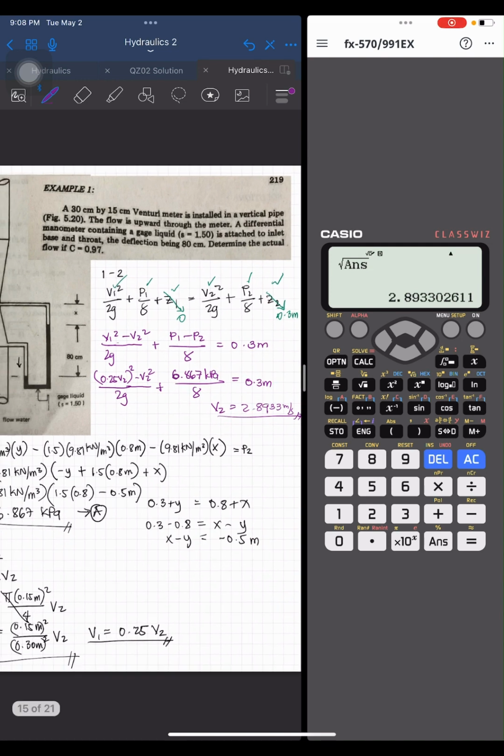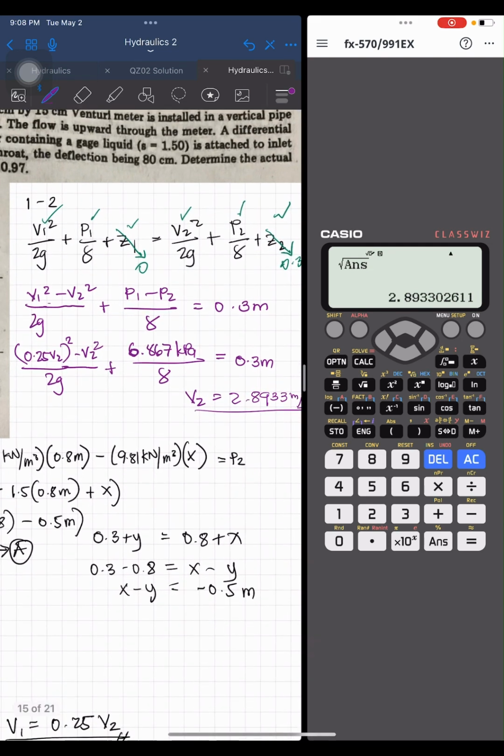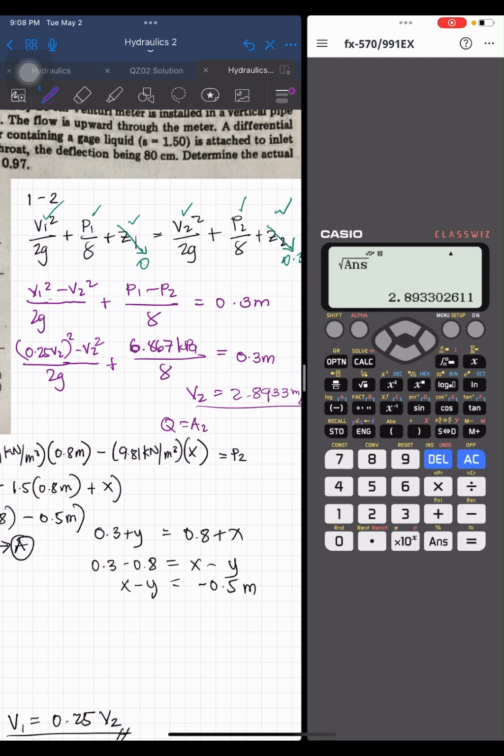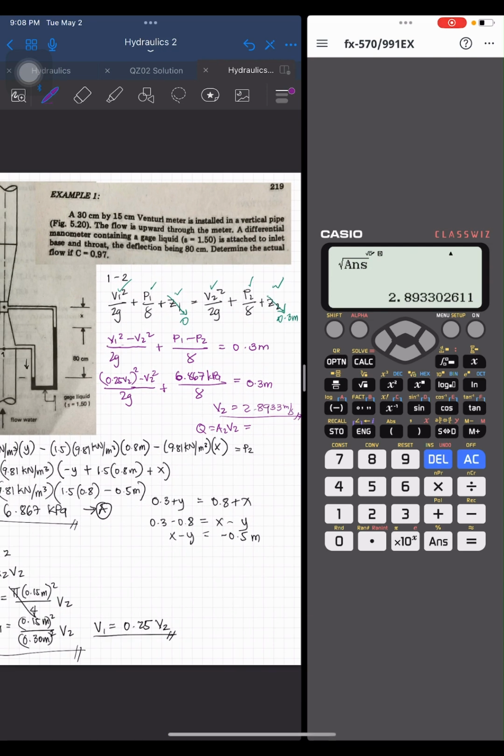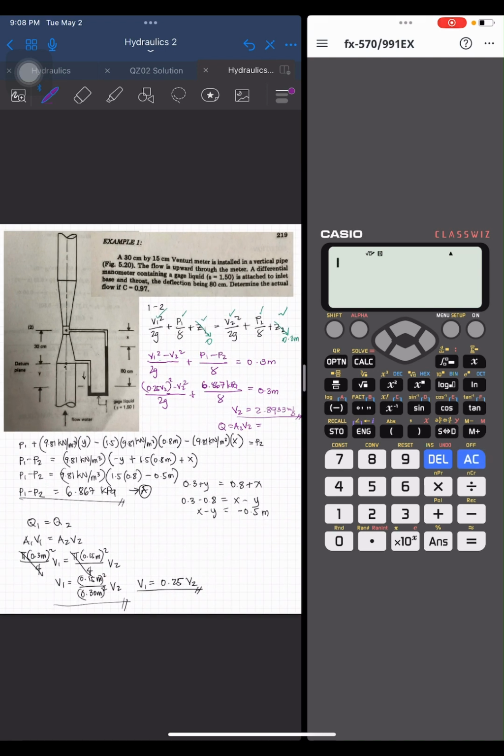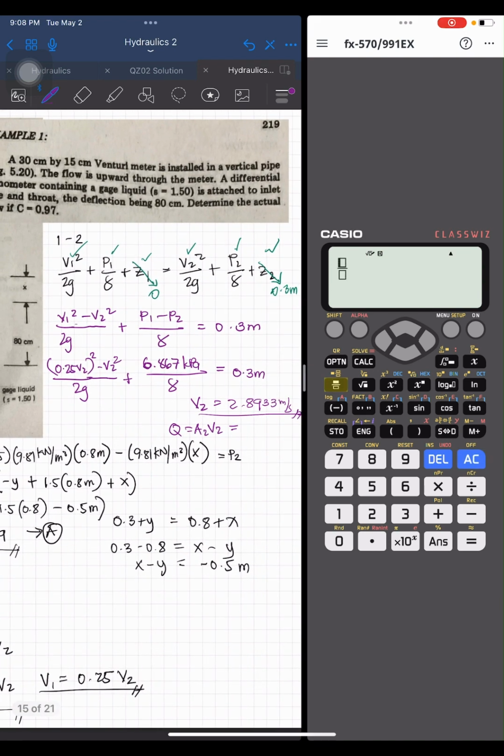And since we know that Q is equal to AV, we can say that Q is equal to A2 V2. We will have the value of, store natin to sa B. A is pi times D squared over 4.